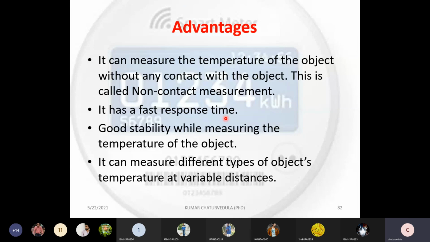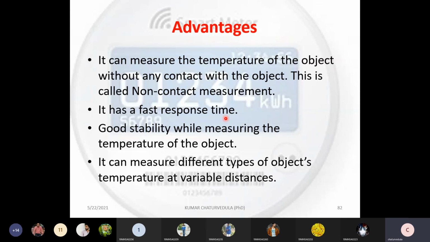It can measure different types of object temperature at a variable distance. You can vary the distance depending upon the conditions. If you go to the mining industry or a steel industry, where high temperature furnaces are operated, you cannot go beyond a certain distance near the object because of the high radiating temperatures.